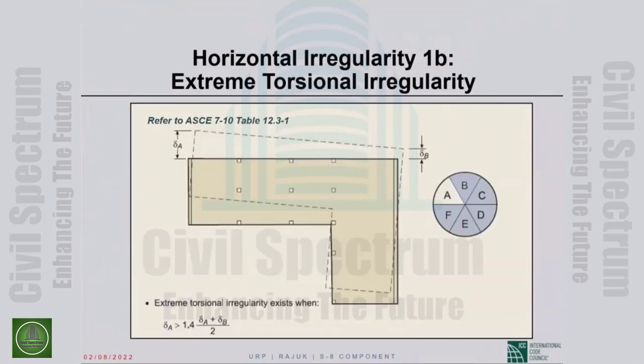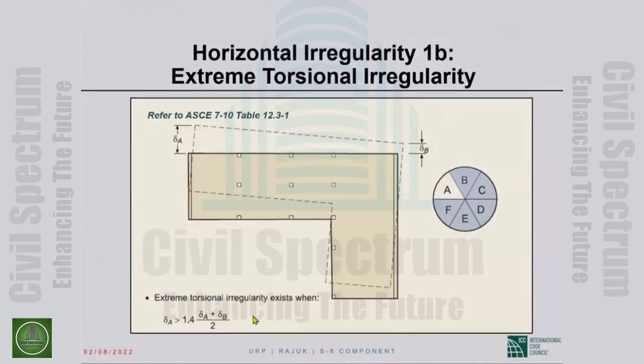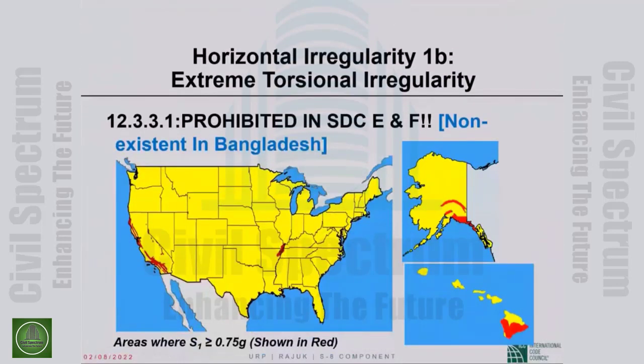Okay. We go from type 1A to type 1B. Now the maximum is more than 140% of average. This irregularity is prohibited in seismic design category E and F. You do not have that in Bangladesh, so you don't have to worry about it. But in near fault areas, this is simply not allowed to be built.